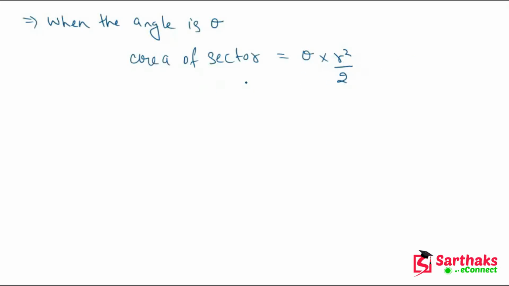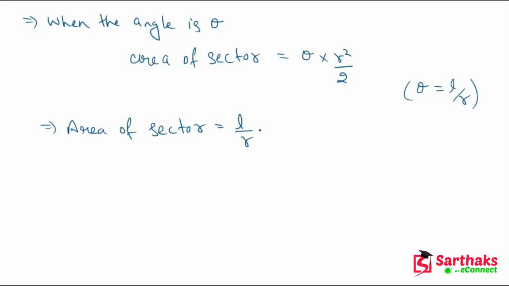Now we know that theta is equals to L upon r. So we can put the value of theta here. The area of sector becomes L upon r into r square upon 2. This r and this r will be cancelled, so we have L r upon 2.